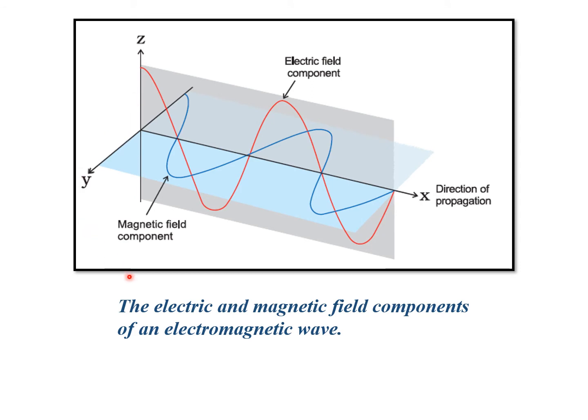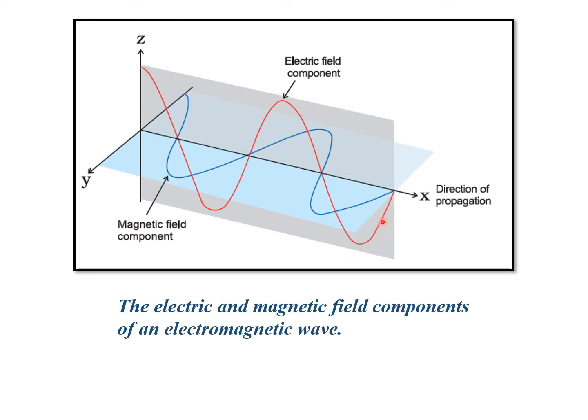This is the pictorial representation of what I was talking about in the last slide. So this is the motion of the electromagnetic radiation. The lines in blue are the magnetic field component of the electromagnetic radiation, and the red one is the electric field component.